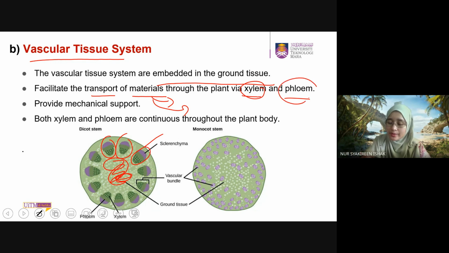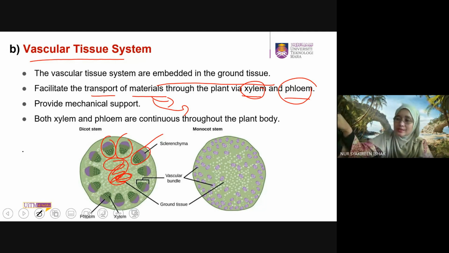through the phloem, kan. So fungsi daun adalah untuk carry out photosynthesis. Through the process of photosynthesis that occurs in the leaf of the plant, it produces sugar. So that sugar produced in the leaf area needs to be stored somewhere or used somewhere.